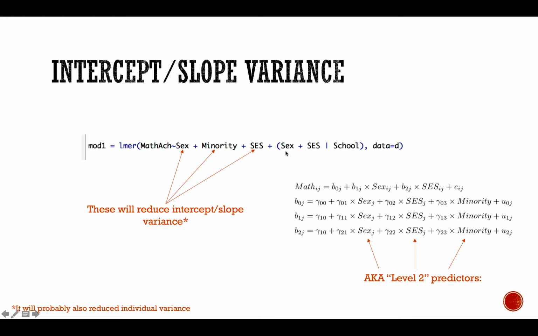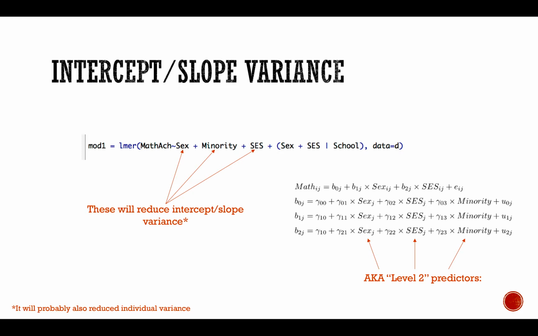And again, we see sex and socioeconomic status as random effects, or you could say those are individual level predictors. But then we also have these fixed effects. And another way to think about it is we are putting them in as level 2 predictors, or in this case, we're looking at schools. So these are predicting the school slopes and the school intercepts.